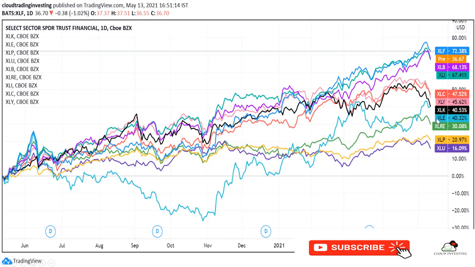Even energy is almost the same as technology. You can see that energy is the blue color. Until last year end, energy was on a downtrend, but suddenly this year energy is going all the way up. And then the technology, the black color one, you can see that from here it's starting to move sideways or going down. So in order to create a winning portfolio, you need to diversify your portfolio into different sectors.